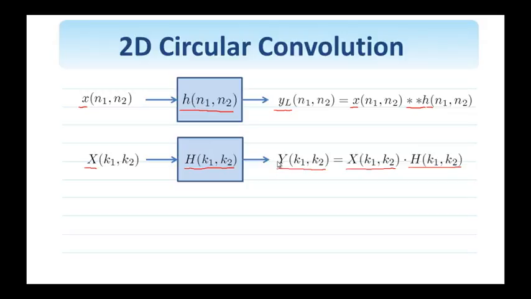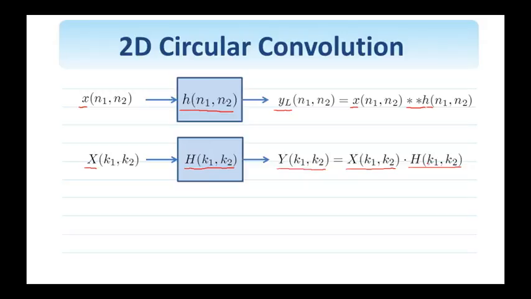I want to bring now this equation back to the spatial domain. I would expect that the quantities I get by coming back to the spatial domain should be related, and actually our intuition tells us that the inverse DFT of Y of k1, k2 should be the convolution of the inverse DFT of X of k1, k2 with the inverse DFT of H of k1, k2.